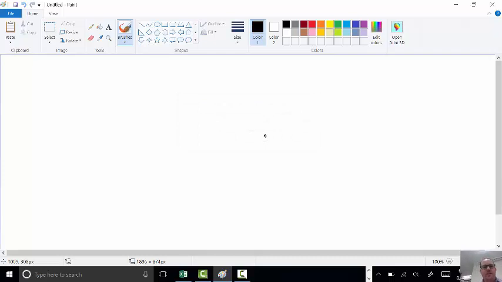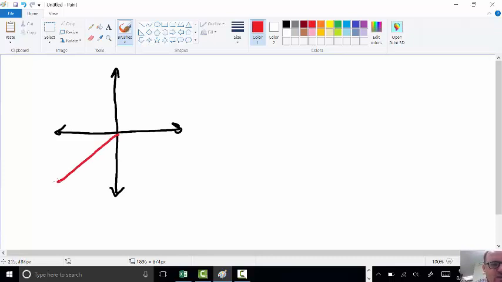I want to show you one more thing. Let's say you had vector D. And if this is my coordinate system, let's say vector D is actually like this.